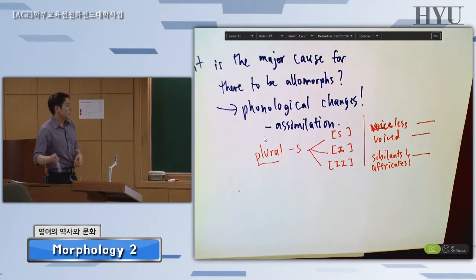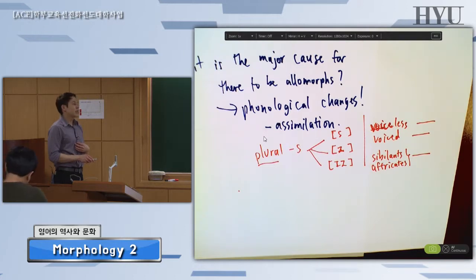That's because the sound before it affects the plural morpheme. If the sound before it is voiceless, then it has to be an S. If the sound before it is voiced, then it's just a Z. If the sound before it is a sibilant or an affricate, then it has to be is or us. And this is what we call the process of assimilation, because it depends on what type of sound you have before that plural morpheme.